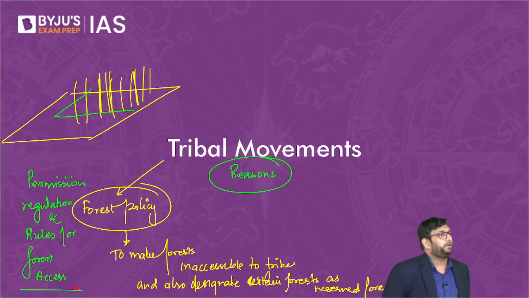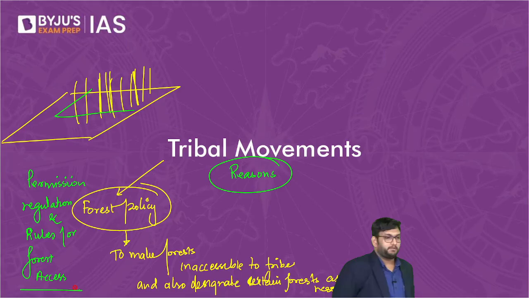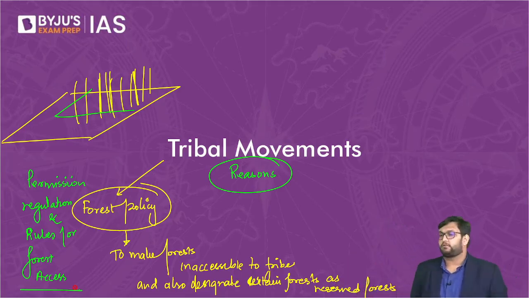Now, the British also did a very dangerous thing which we technically pay for today, which is that they also changed the forest profile of India. What do you mean by that? There was a major deforestation of forests in the Uttarakhand sector, in the Himachal Pradesh sector, in parts of the Chota Nagpur plateau.